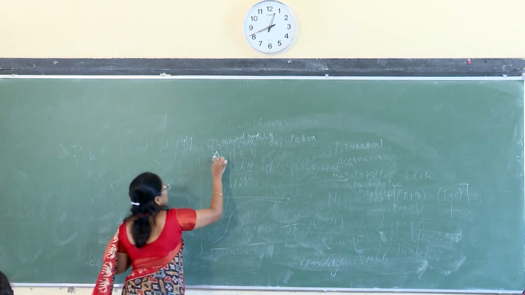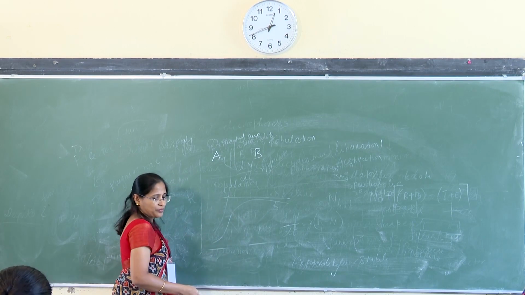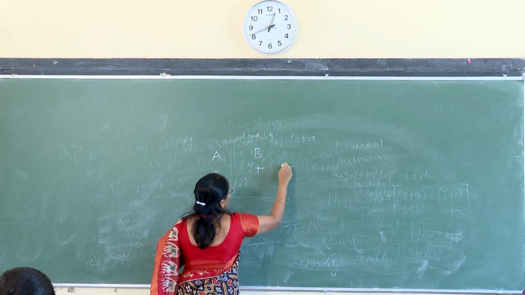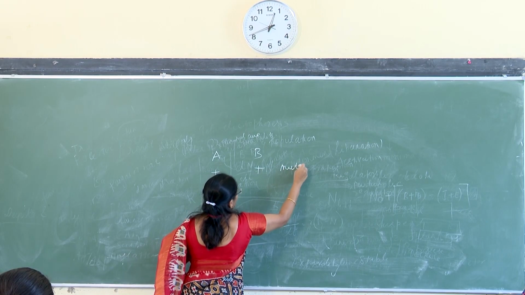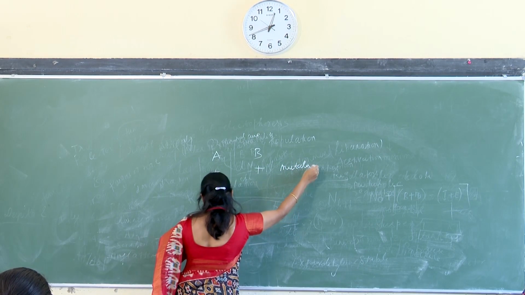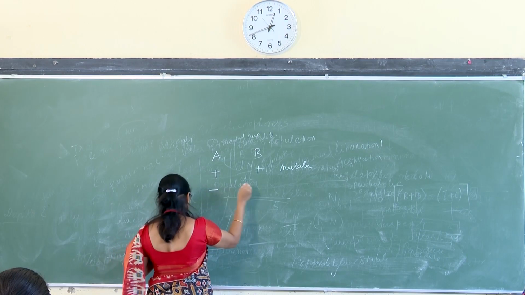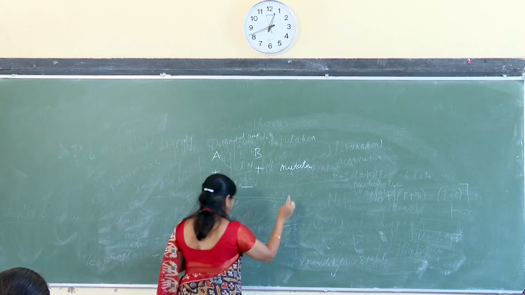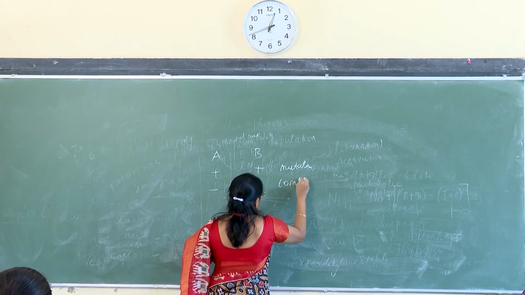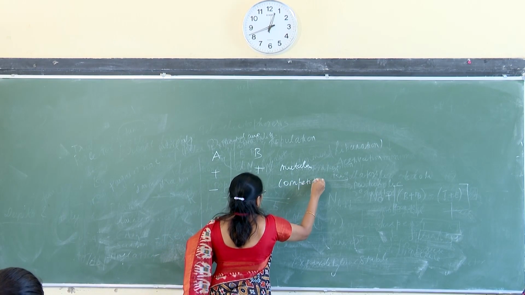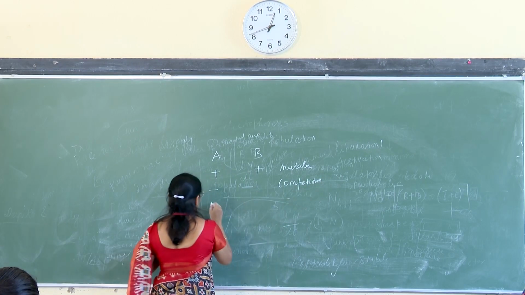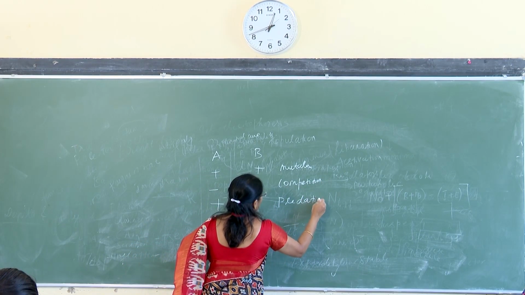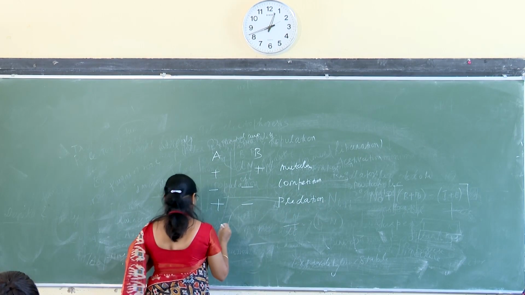Tell me now, A and B, different types. What do you have? If both are benefited, it is mutualism. If neither is benefited, commensalism. Competition. One eating the other, predation.